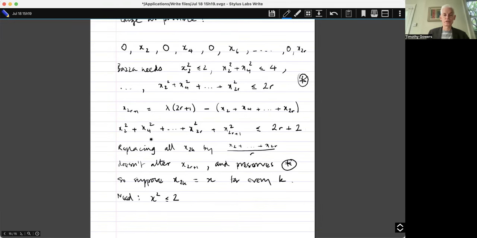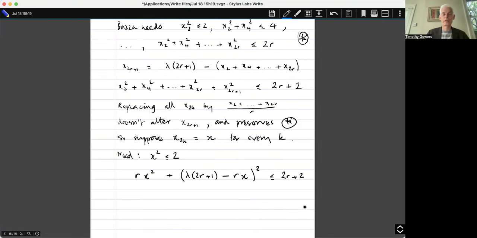And we'll need that this becomes r x squared plus lambda times 2r plus 1 minus rx, all squared, should be less than or equal to 2r plus 2. It's essential that Bazza should be able to choose an x less than or equal to root 2 with this property.